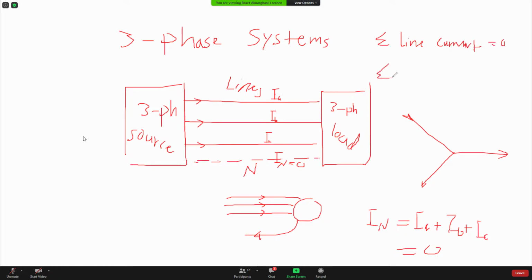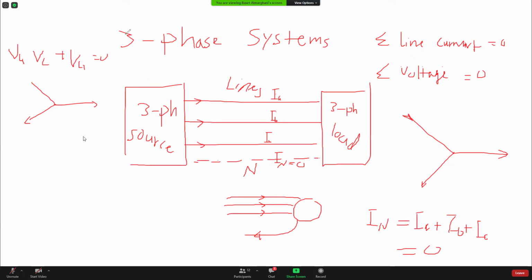The sum of the phase voltages is 0, phase 1, phase 2, phase 3. The line is the same thing. V line 1, V line 2, V line 3. If you add them, they're going to be 0 because they always have the same magnitude and a phase shift of 120 degrees between them. So they cancel out each other.